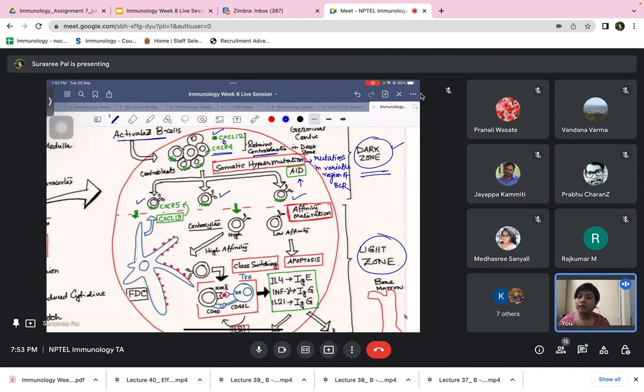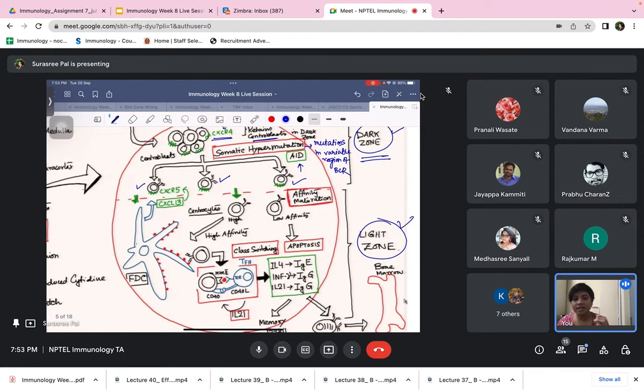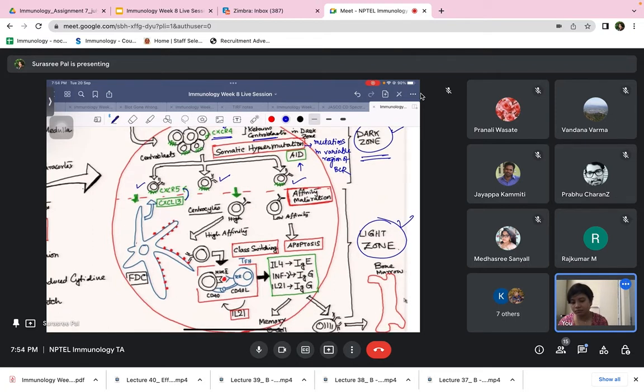And now these centroblasts or the activated B cells will migrate to the light zone of the germinal center. Okay, how is this migration taking place? It is mediated by two chemokines and chemokine receptor. CXCL13 is the chemokine and CXCR5 is the receptor for CXCL13.